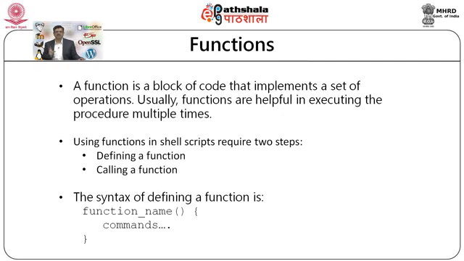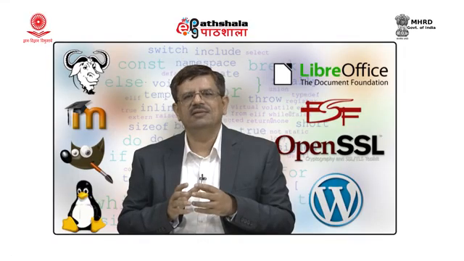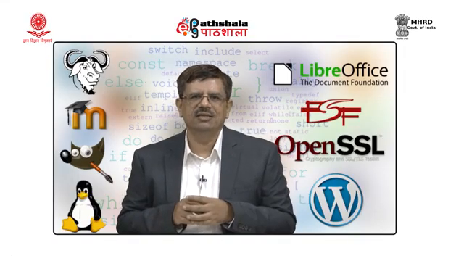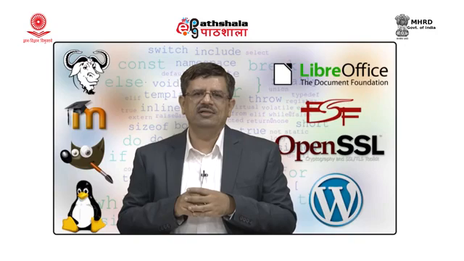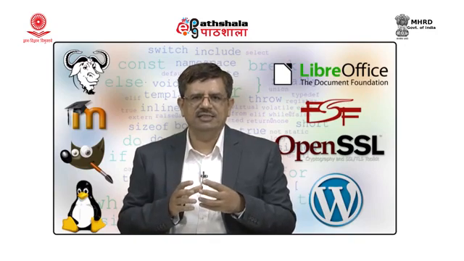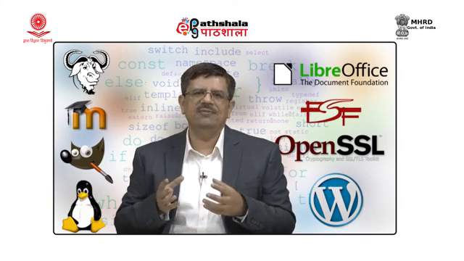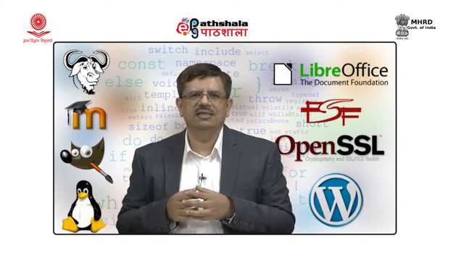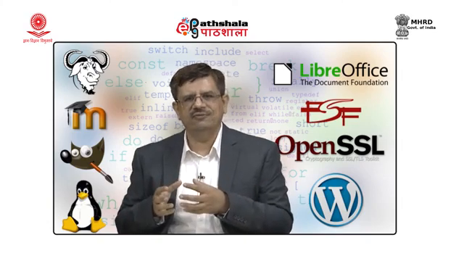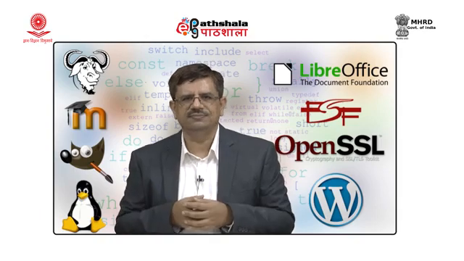Now, let us discuss functions, how to use functions. As you know, the functions make programs modular. For instance, if I want to create separate functions to get data, to display data, then my program will look more modular. I can make procedure oriented programs using functions.